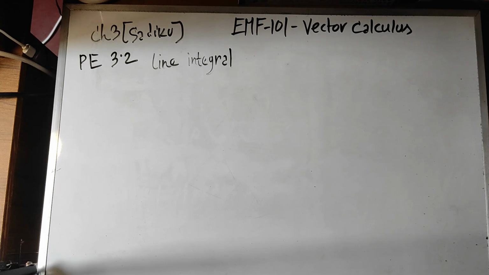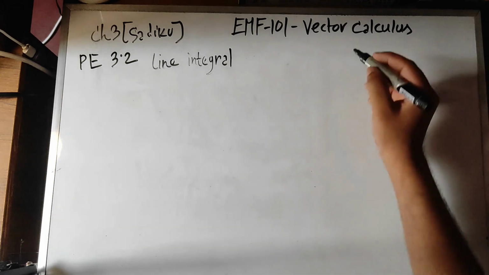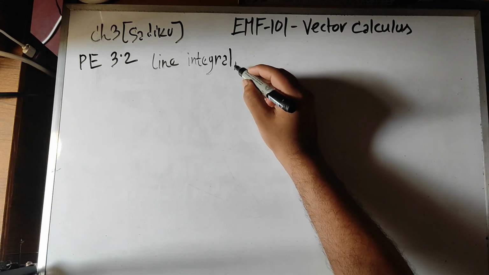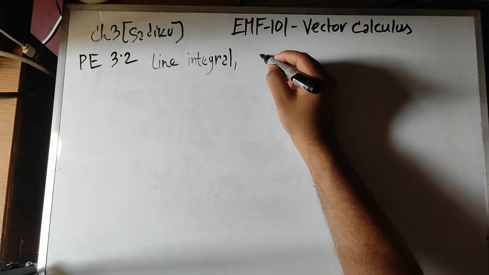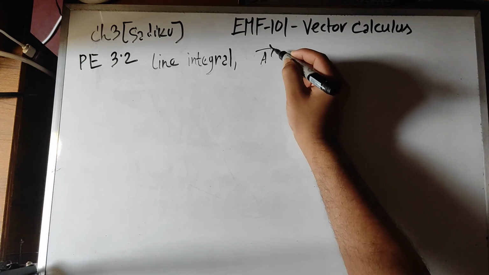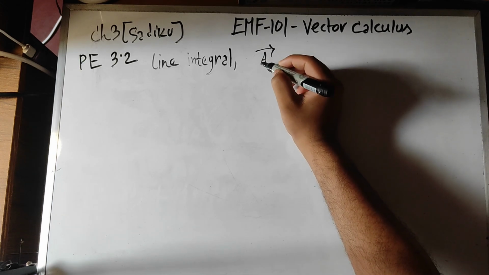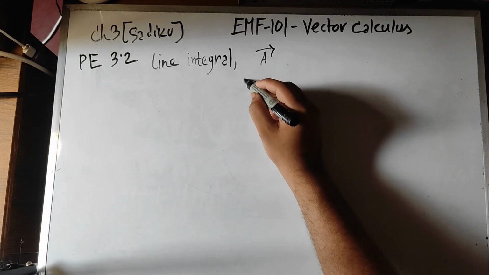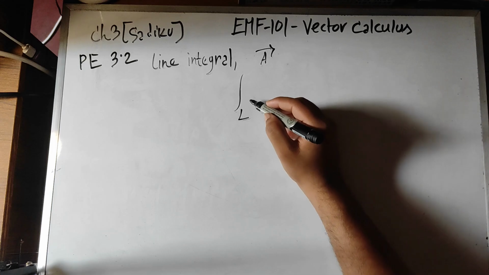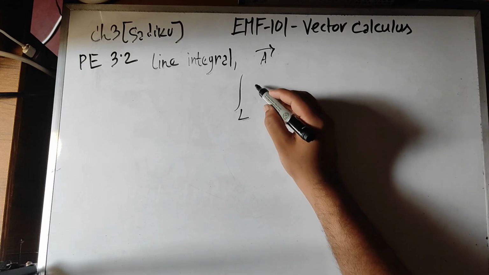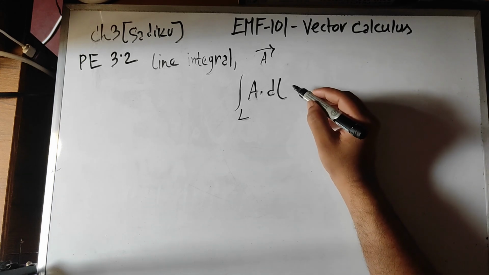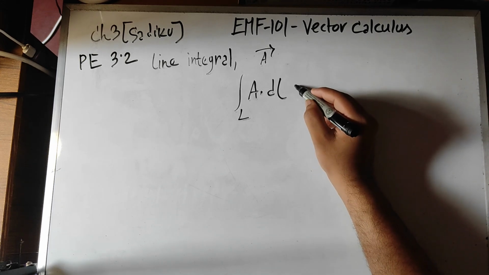Before we get started, let us first understand what a line integral is. In vector calculus, the line integral of any vector, say vector A, with differential length dl is called the line integral.